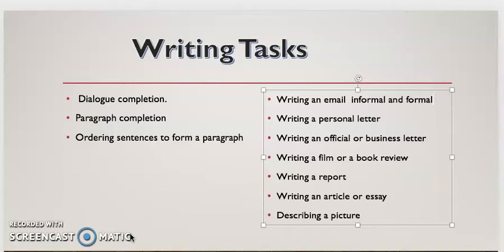The formal email is a kind of email that you send, for example, to a university or to the manager of a company, and so on. In this kind of email, the language that you use is very formal, which means more respectful and more elaborate than the one that you use when you write to a member of your family or to a friend of yours.